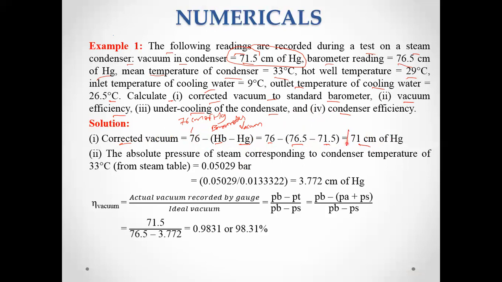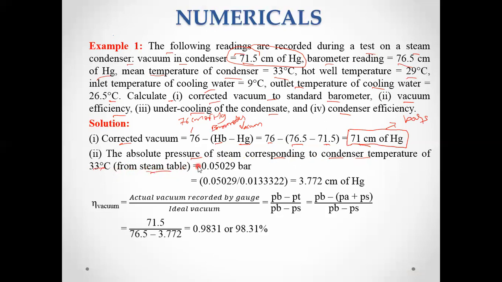Now you can see this is in terms of centimeter of Hg. So we have to convert this Hg in terms of bars. We can find the absolute pressure of the steam corresponding to the condenser temperature of 33 degrees Celsius. This we get from the steam table.